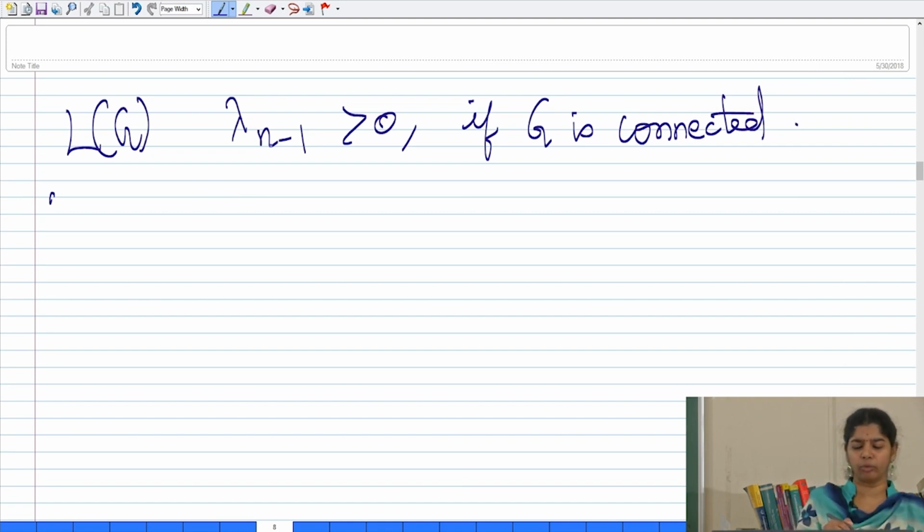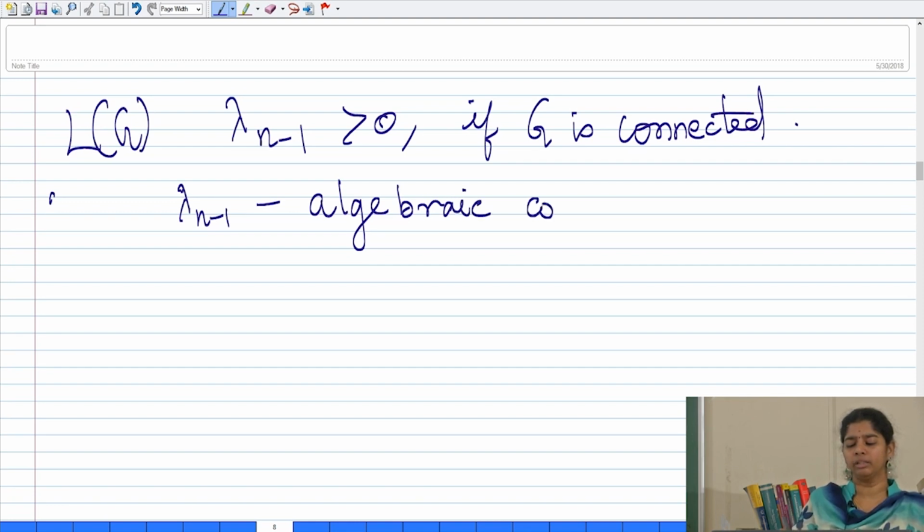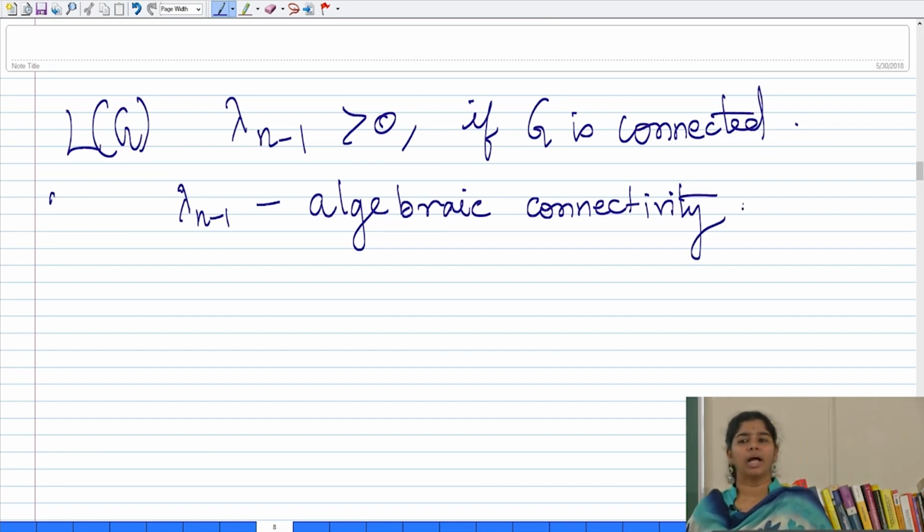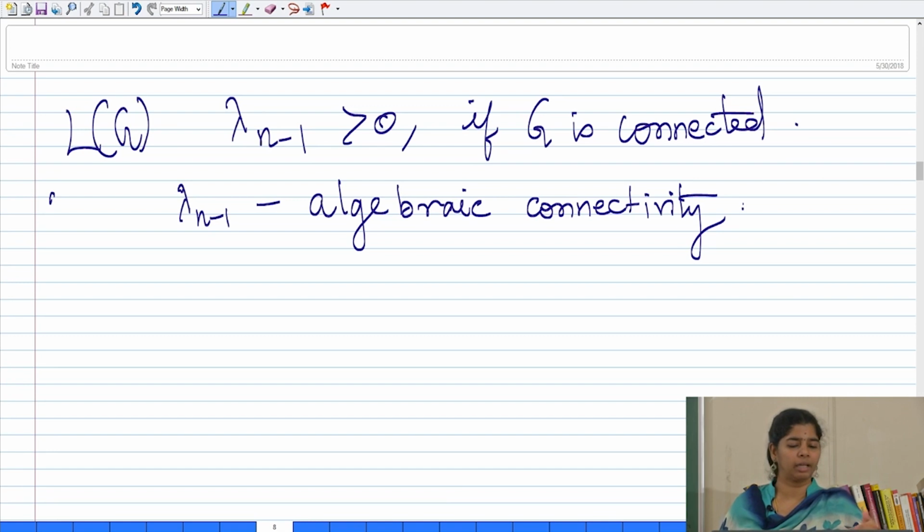So lambda n minus 1 is also called the algebraic connectivity. And let us now look at the eigenvector of this second smallest eigenvalue.